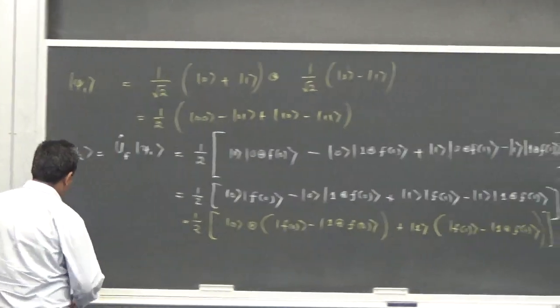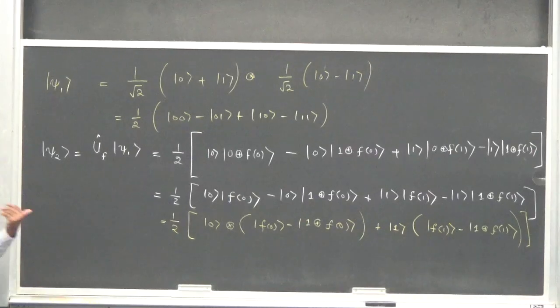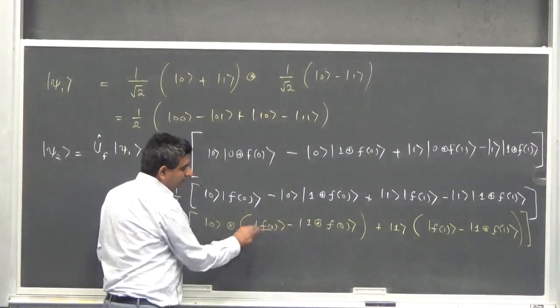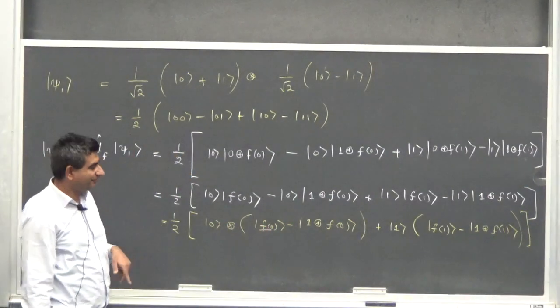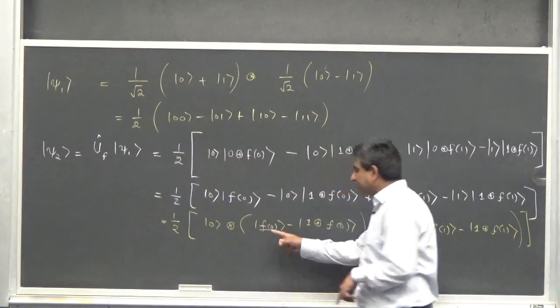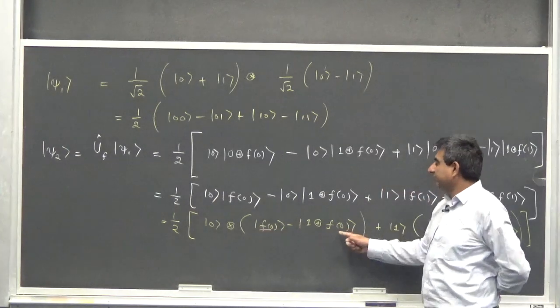All right, so now things are getting a bit clearer. Can you tell what's going to happen if the function is balanced? If the function is balanced and f of 0 is 0, then f of 1 would be 1.